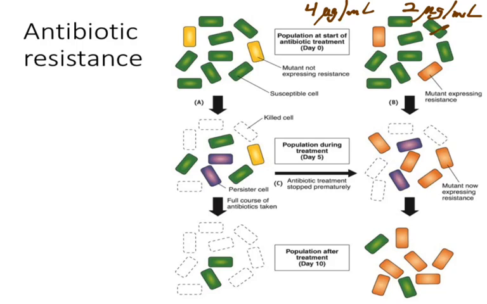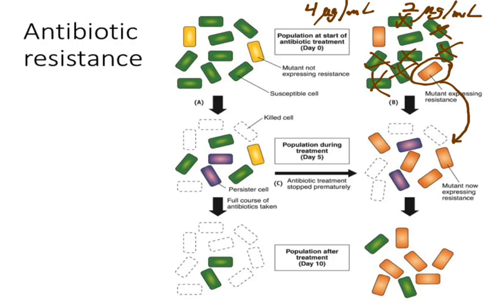That concentration may be enough to kill, say, 80% of the cells, but those that are resistant are able to survive. Because they're able to survive, they can replicate, divide, increase in number, and they become the predominant population. Okay? This is that step that leads to antibiotic resistance.